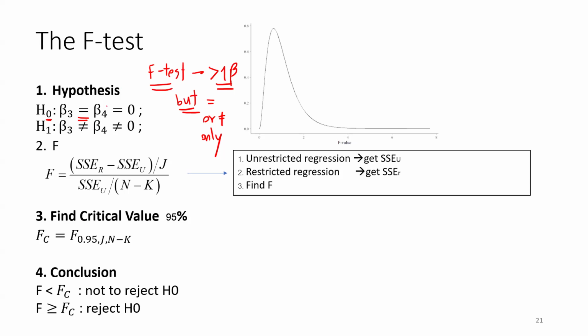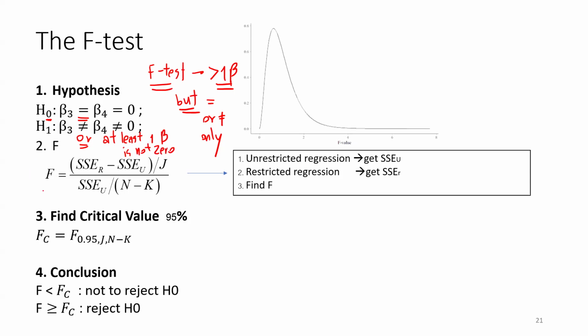So H0: beta 3 equals beta 4 equals 0, versus H1: beta 3 not equal to 0 or beta 4 not equal to 0, or at least one beta is not 0. Okay, you can write down "or at least one beta is not 0".